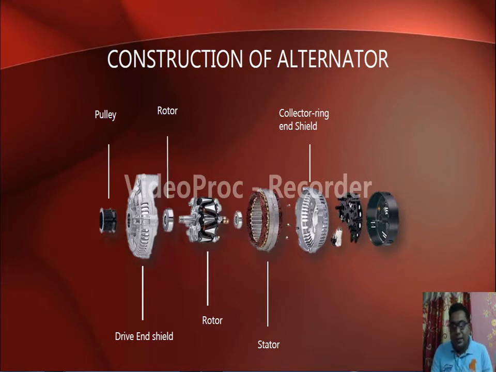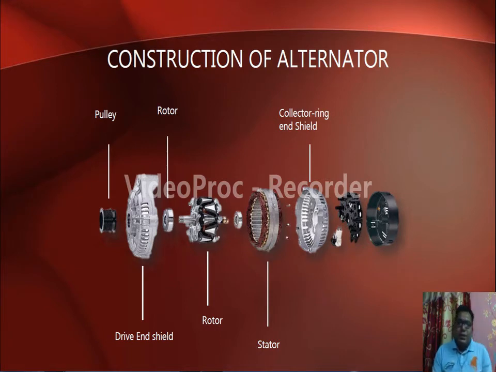There is a bearing, and then the main rotor, where the windings are placed. Then it is a stator, the stationary section of the machine, where again there is a winding. Then there is the end ring. So these are the outer body structure. Then we have the bearing section and the cooling system. So different sections are compiled together to make an alternator.